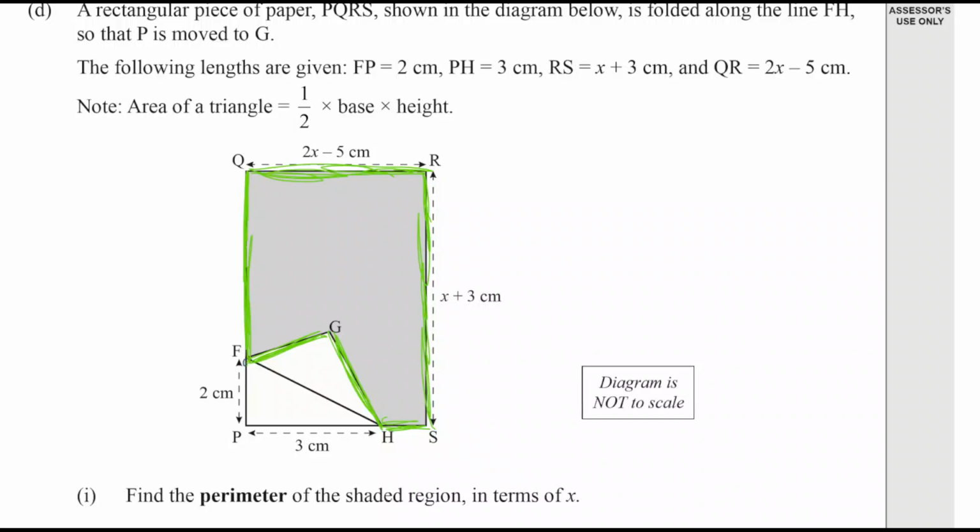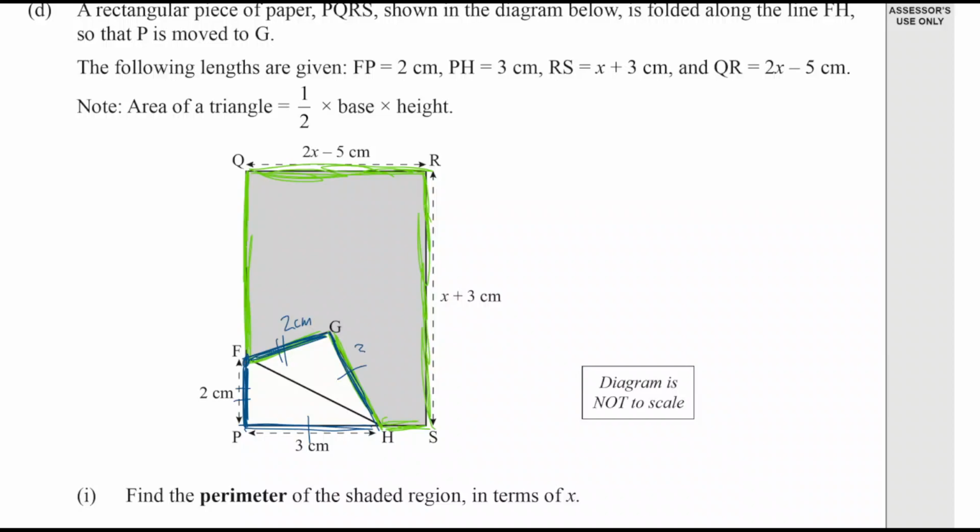2 centimeters, F to P, would actually be the same as F to G, right? Because it's the bit of the same piece of paper but folded. So those are equal. So we know that that's 2 centimeters. Similarly, G to H is the same as P to H. But again, same bit of paper, it's just orientated upside down and folded across.